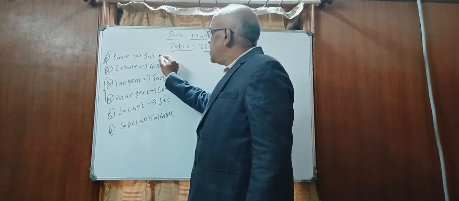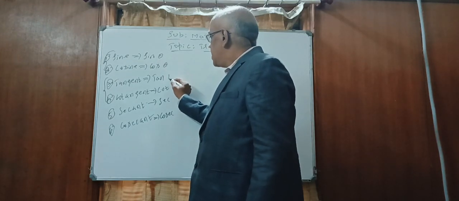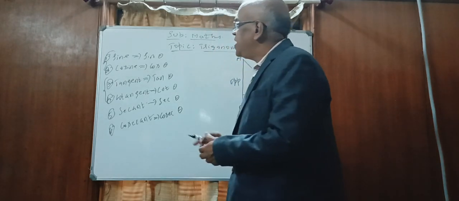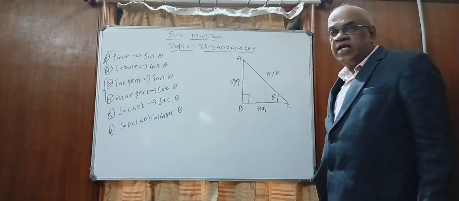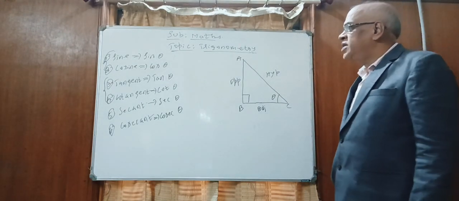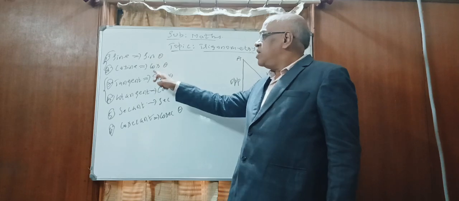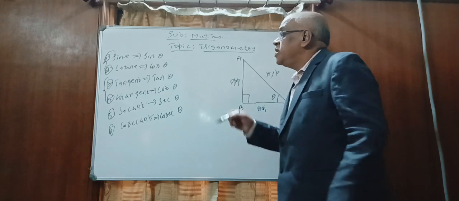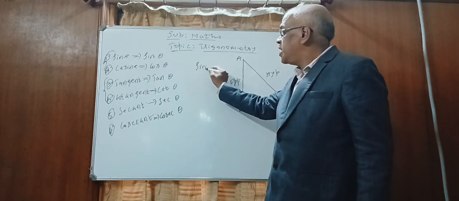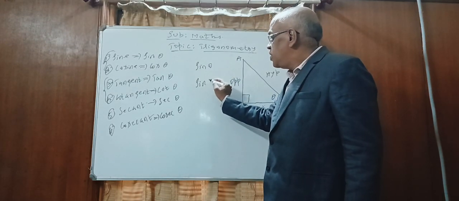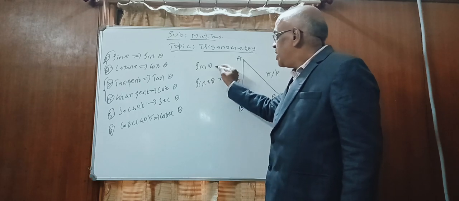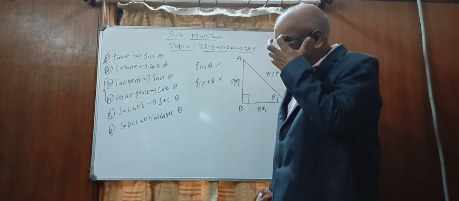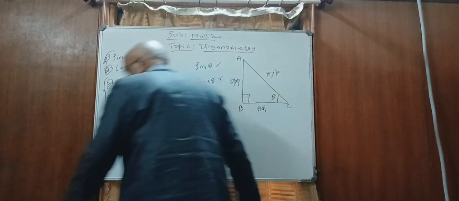So we have to write sine theta, cos theta, tan theta, cot theta, sec theta, cosec theta. Sine theta is only one term; it is not sine into theta. Without theta, sine alone has no meaning. Please note it down.